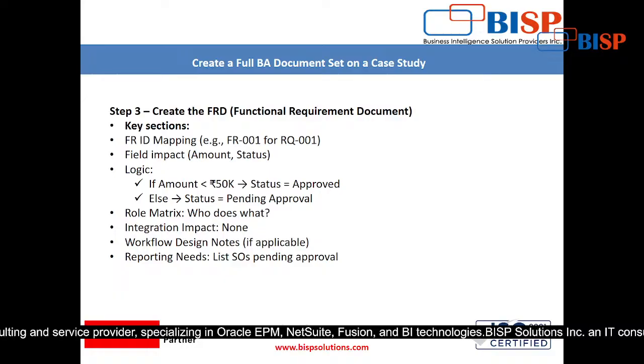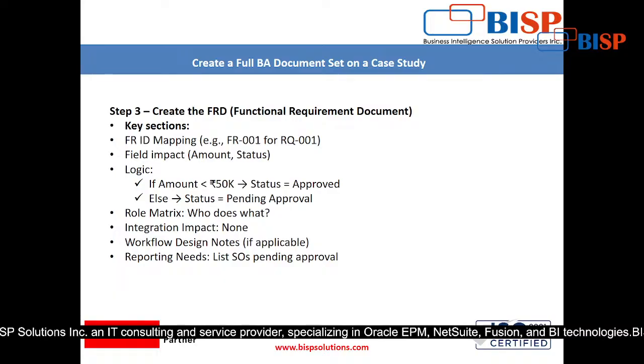Reporting needs, list sales orders pending approval, right? So now you have to write down the functional requirement in such a way that exactly what is asked, how it is being done, who are impacted, and does this functional requirement impact any other field.